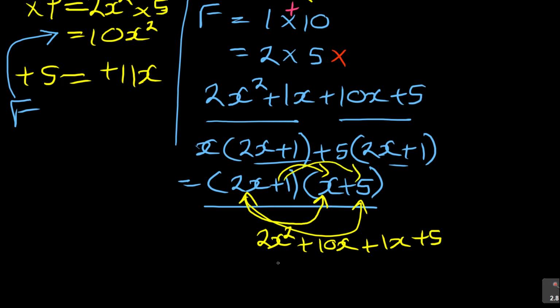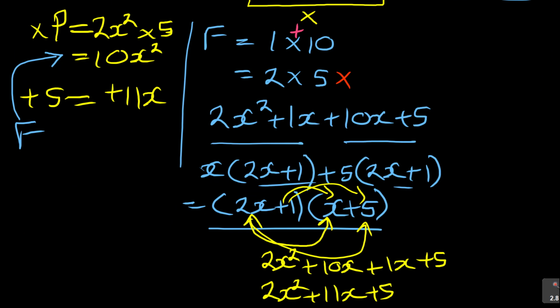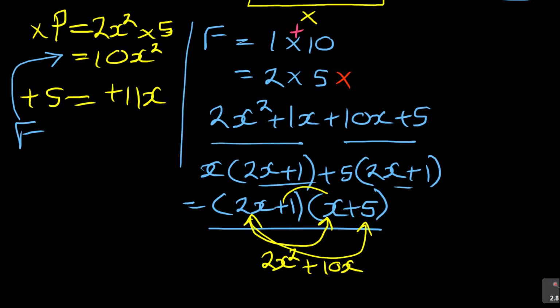Remember, when I expand, I must get the same thing, which is 2x squared plus 10 plus 1 is plus 11x plus 5. Back to the original that it gave me. Remember, opposite of factorization is what? Is expansion.